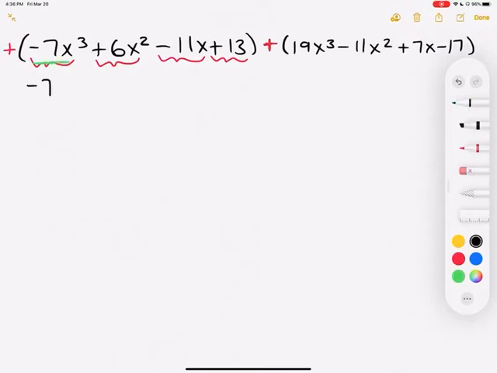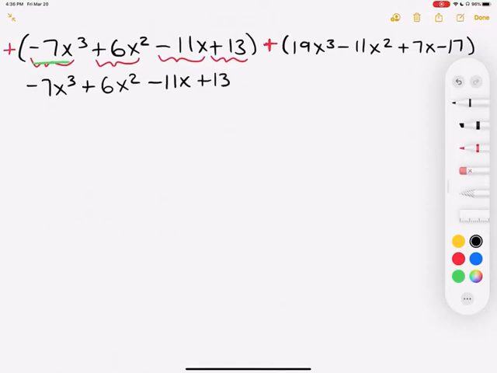We're getting rid of those parentheses right now. So it remains negative. The second term is going to remain positive, 6x squared. The third term is going to remain negative. This is all because I have a plus sign in front of the parentheses, so every sign remains the same. And the 13 as well.